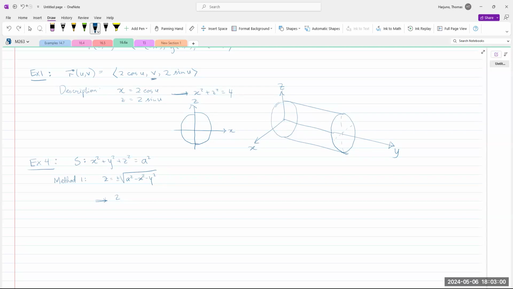This part of the sphere on the top is the square root of a squared minus x squared minus y squared, and at the bottom we have the negative square root of a squared minus x squared minus y squared.